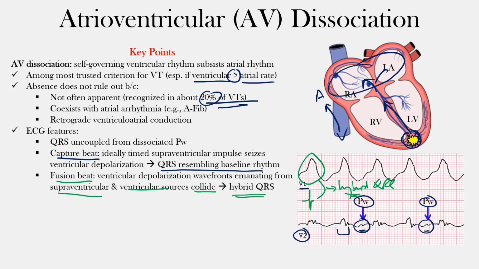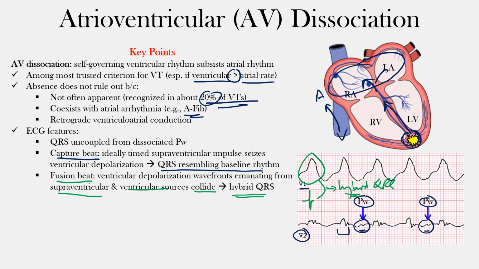Now, this may also coexist with an atrial arrhythmia, such as atrial fibrillation, which we know has no or indiscernible P waves, so we can't make out any P waves because there are no good atrial depolarization waves on the EKG. When you're looking for P waves, they will not even be there. There could also be retrograde ventriculoatrial conduction, as we mentioned.